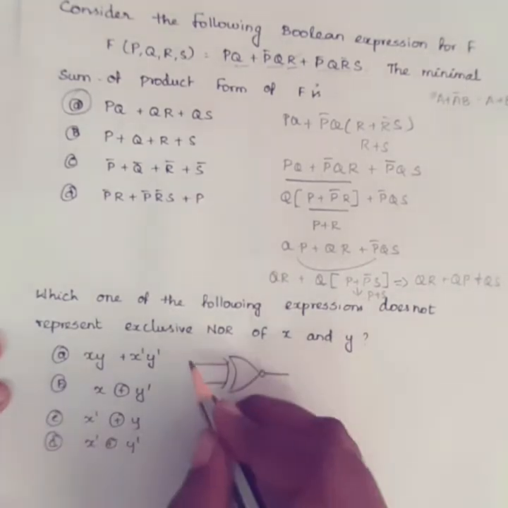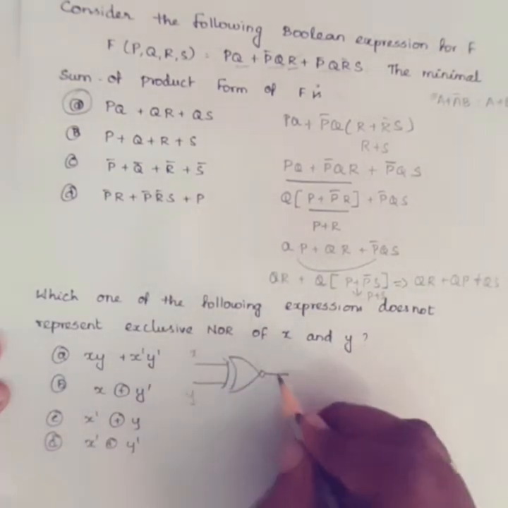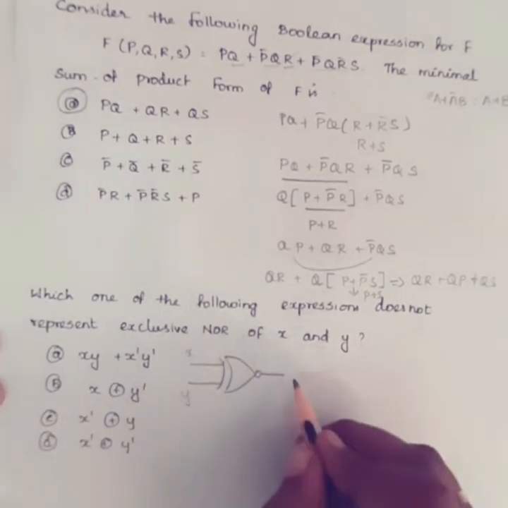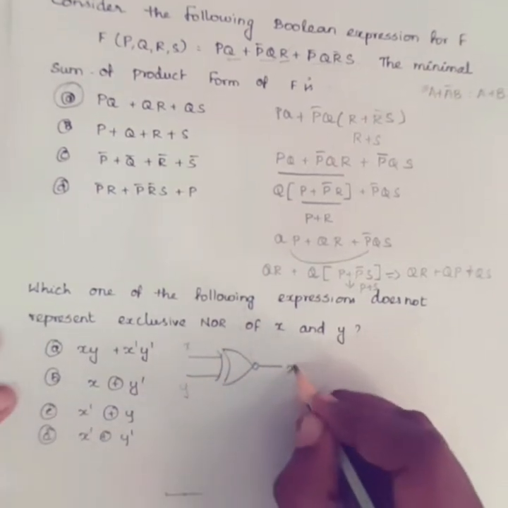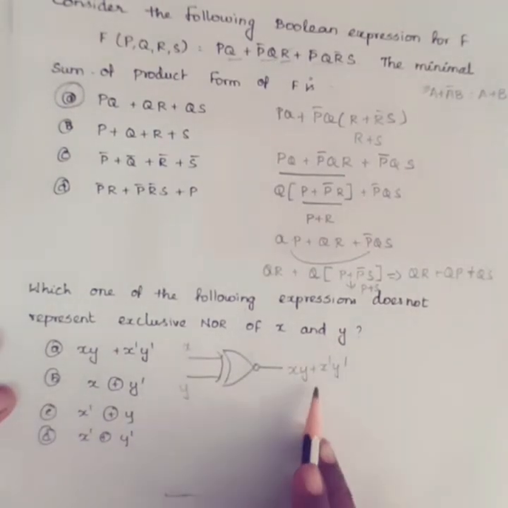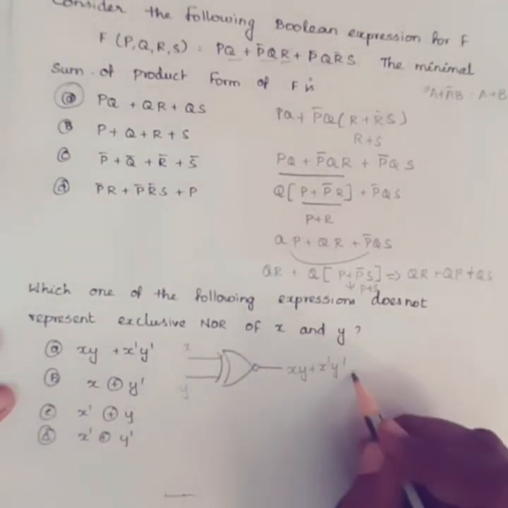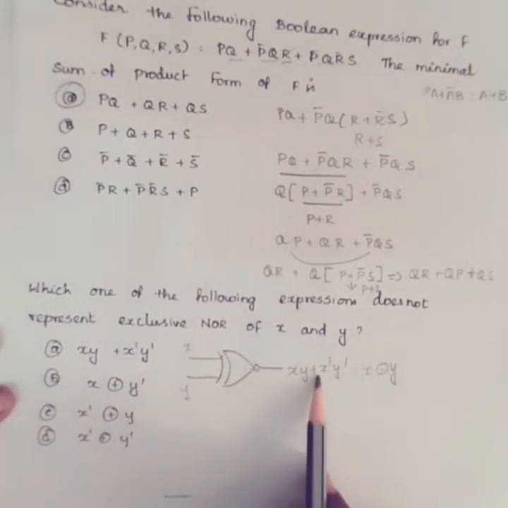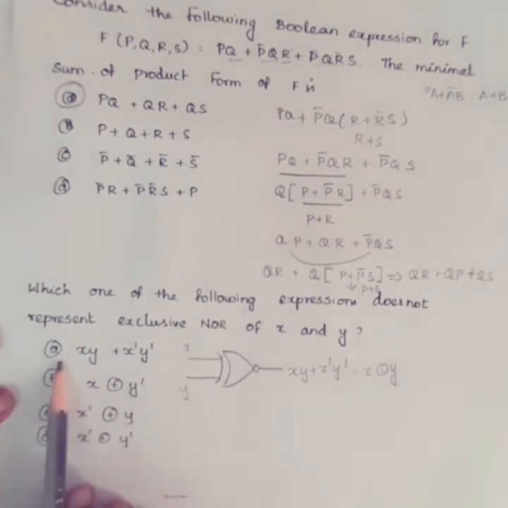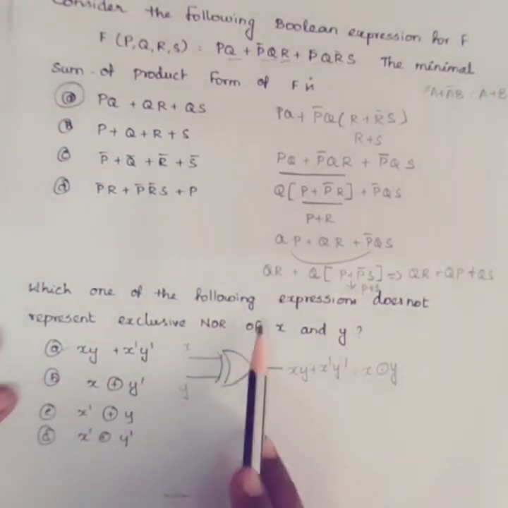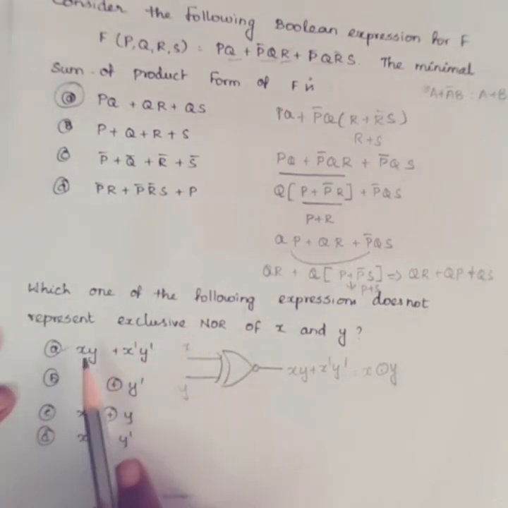It is the complement of exclusive OR, and the Boolean expression is XY plus X bar Y bar. So this is the exclusive NOR operation. In the first option we have XY plus X bar Y bar, so definitely it is the representation of exclusive NOR.